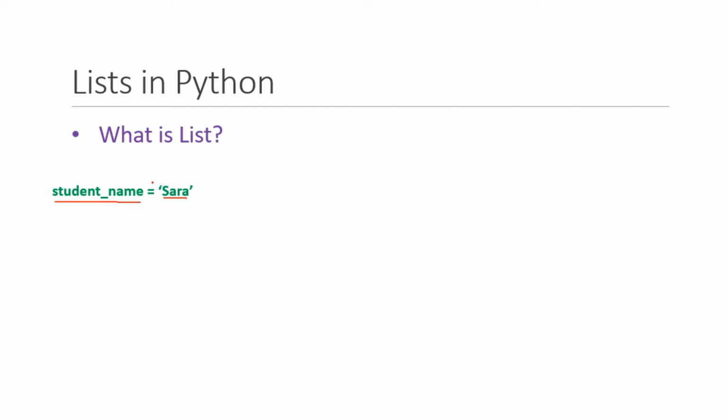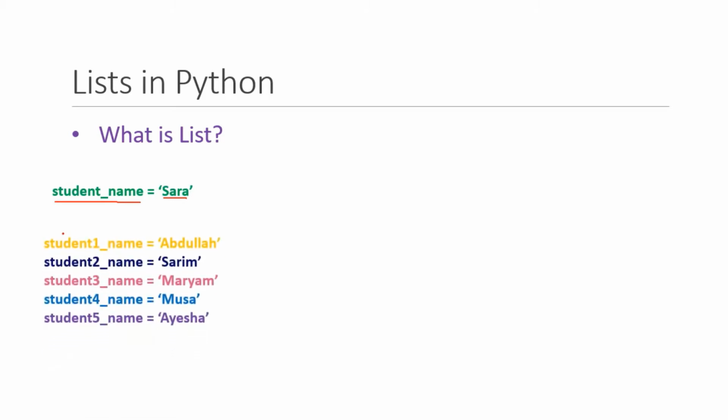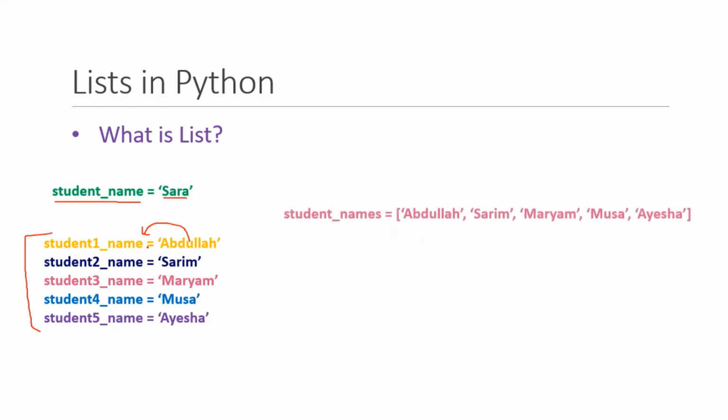So one way will be like this. I can create 5 variables and assign one name to each variable. But I can do this same work by using only one variable like this. Here you can see that I have created one variable student names and I have assigned 5 values to it. Abdullah, Sarim, Maryam, Musa and Aisha. So this variable is called as list in Python.